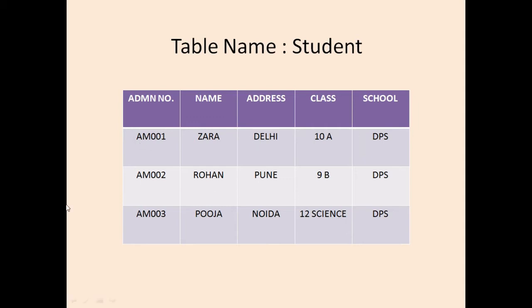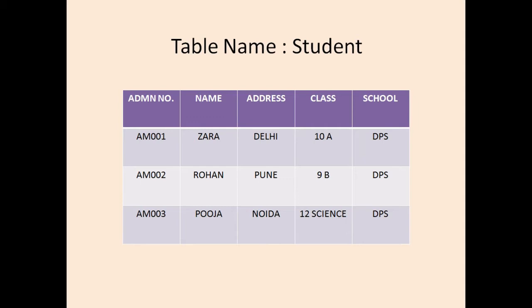So these are the rows, or we can also call them the tuples of the table. Now from this table any column can become a key. Let us learn how. I already told you that a key can find the values of each row uniquely.